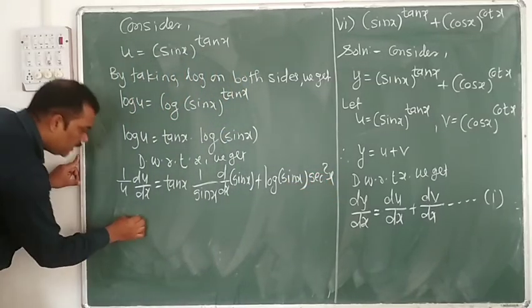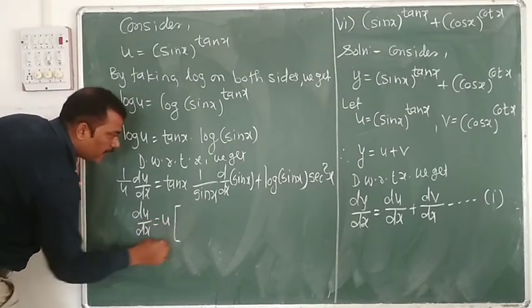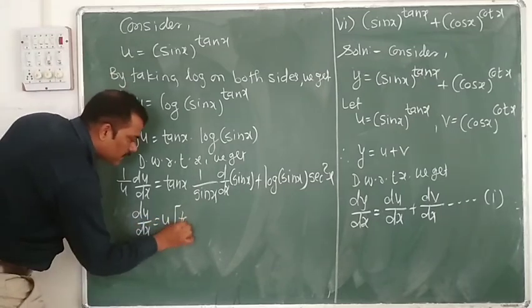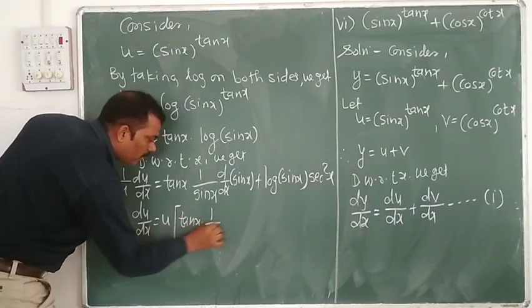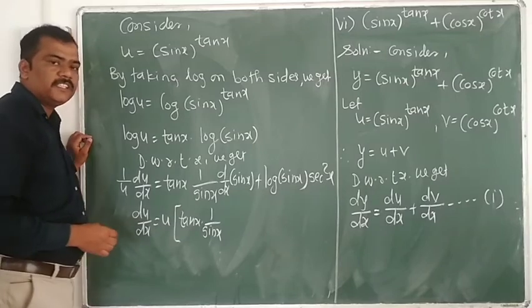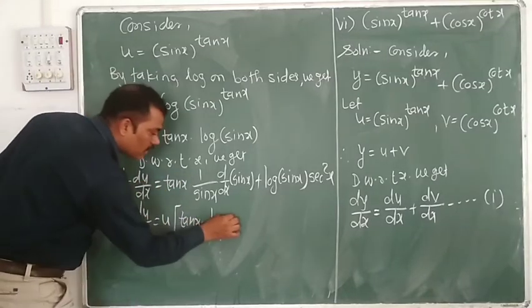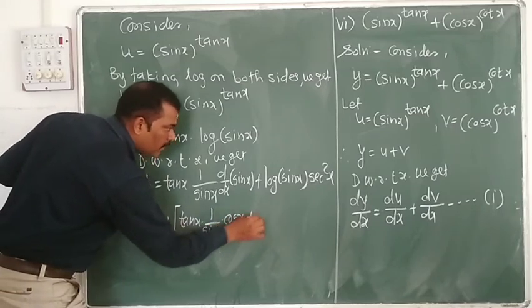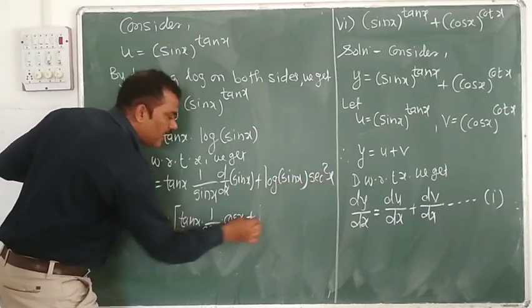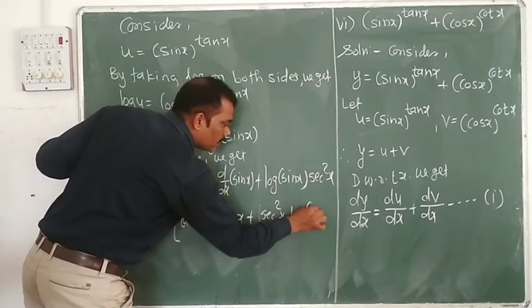So we get du by dx is equal to u into bracket, tan x into 1 upon sin x. What is the derivative of sin x? Yes, correct. Derivative of sin x is nothing but cos x, plus we write this as sec square x into log of sin x.